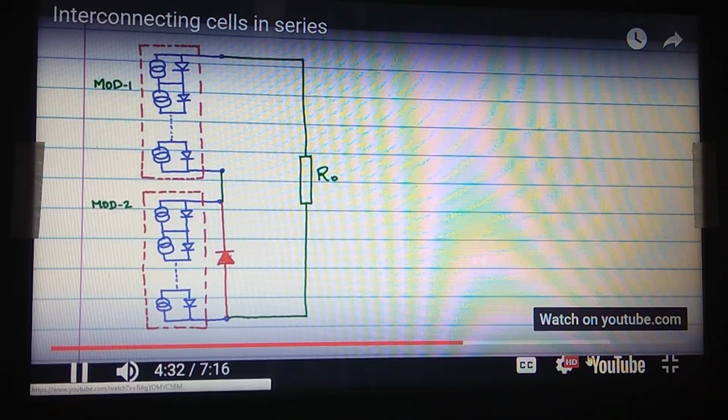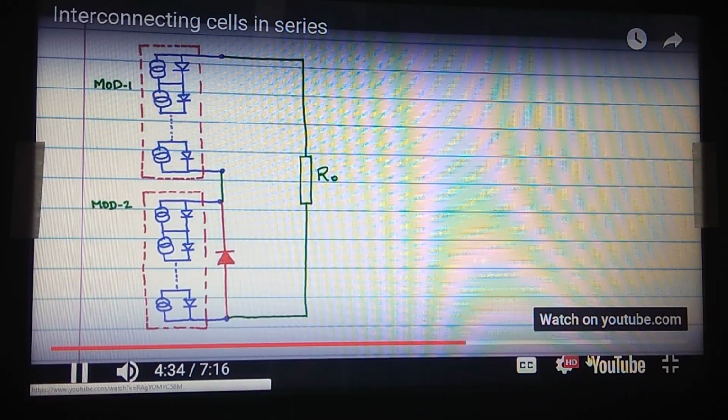So here I have drawn this bypass diode, which is bypassing module 2 under conditions when module 2 starts going negative. That is, when module 2 tries to behave like a sink, this bypass diode will effectively take module 2 out of the circuit.